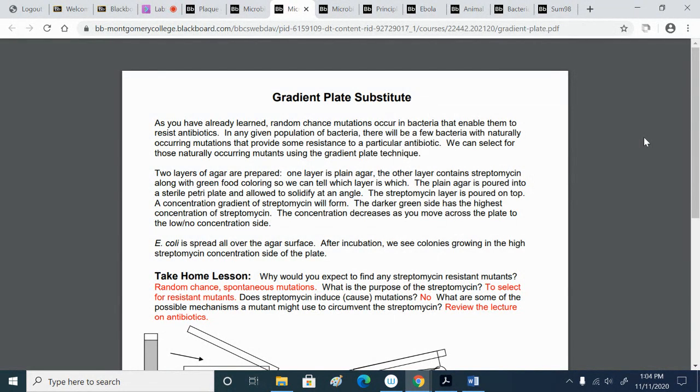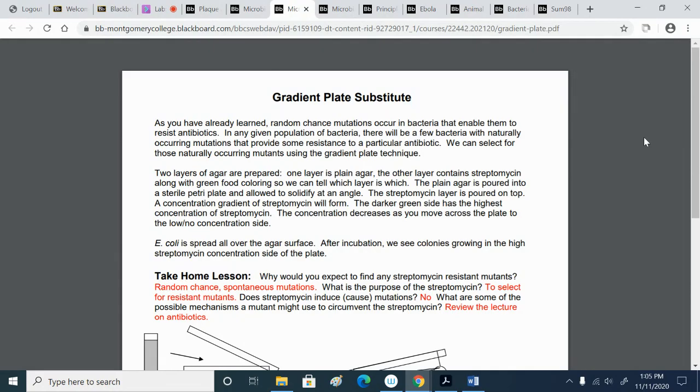As you've already learned, random chance mutations occur in bacteria, and those mutations enable them to resist antibiotics. In any given population of bacteria, there's a probability of finding a few cells that have mutations that make them resistant to basically any particular antibiotic.